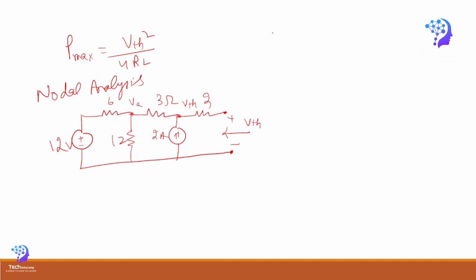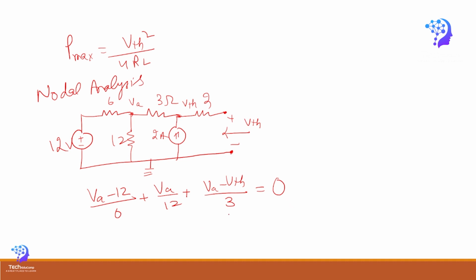So I'll write the equation of VA directly by using nodal analysis. I can assume this is the ground. So (VA minus 12) upon 6 plus VA upon 12 plus (VA minus VTH) upon 3 equal to 0.